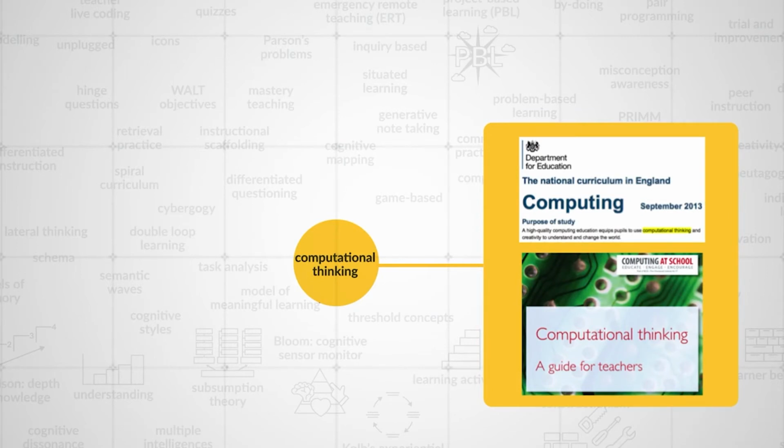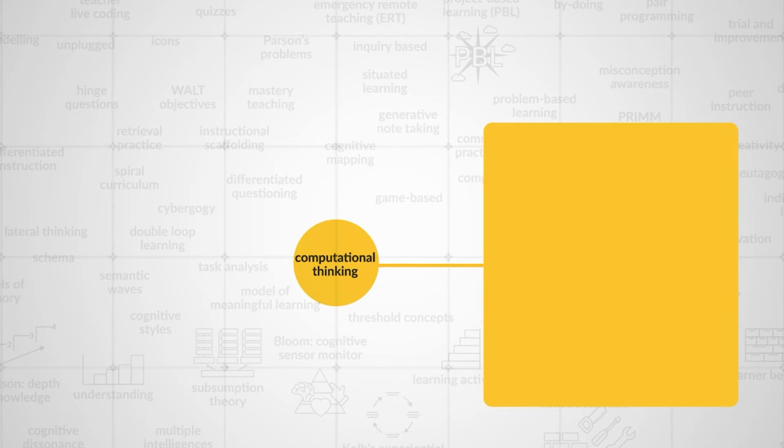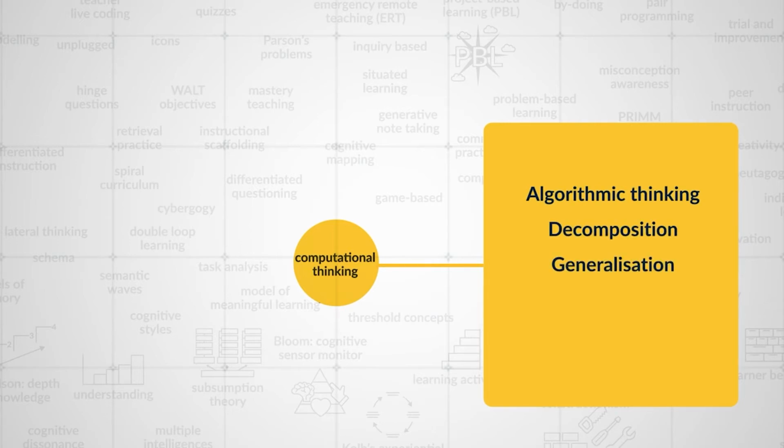There are 5 facets to computational thinking, as described by Computing at School in the UK. These are algorithmic thinking, decomposition, generalization, abstraction, and evaluation. Computational thinking is one of the current tenets of the national curriculum for computing.